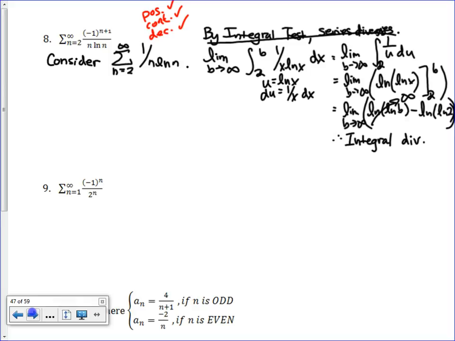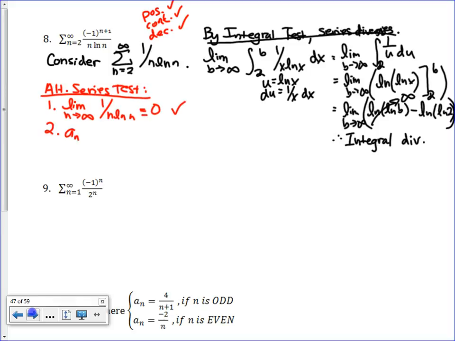So now I'm checking for conditional, right? What's the limit of a sub n? Yep.